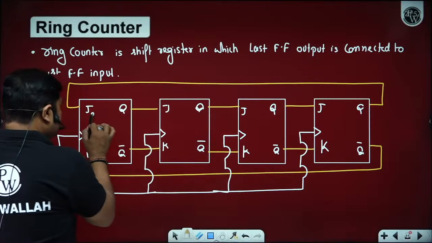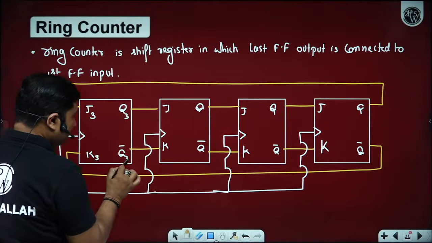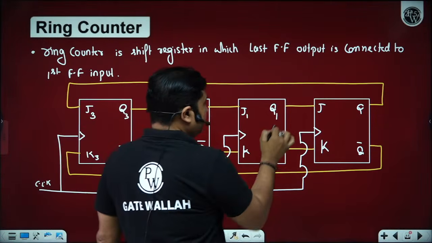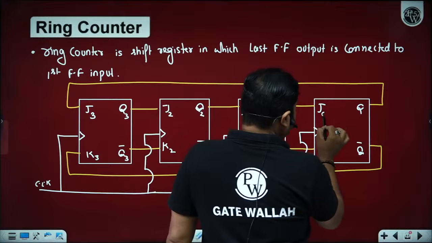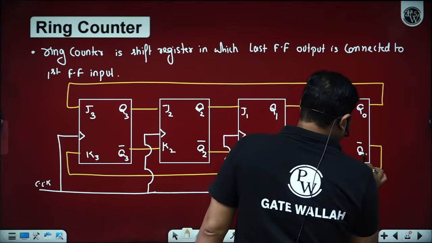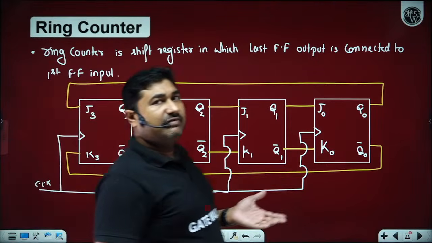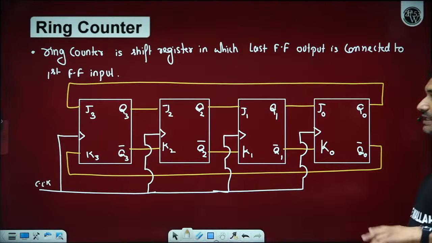Here we can consider this as the MSB, then the next significant bit, just for understanding. However, in synchronous counters, unless the designer defines the MSB and LSB, you can't identify by yourself which is MSB and which is LSB.